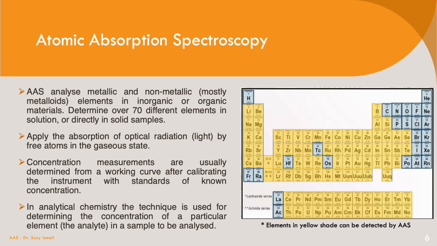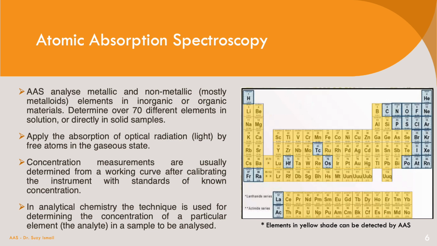So how does it work? Basically, we are talking about atoms in a gaseous state floating around freely. This is in the machine itself, the spectrophotometer. So basically, you will have your solutions ignited into a gas form, so it floats freely.